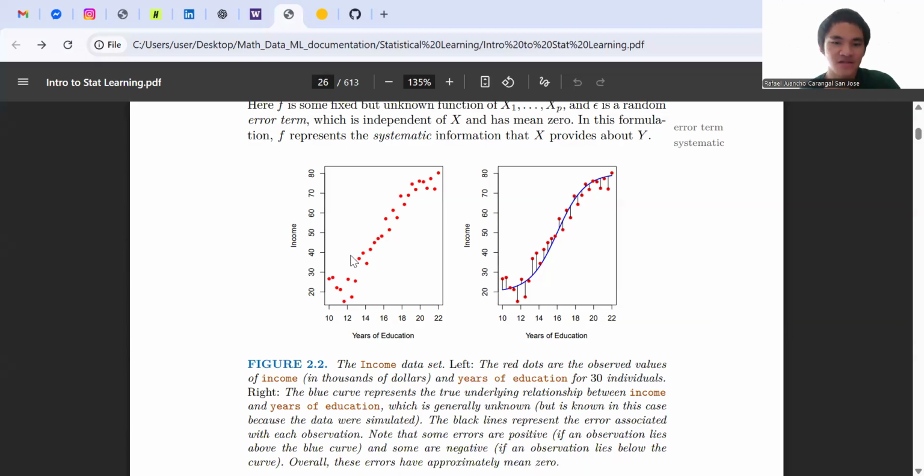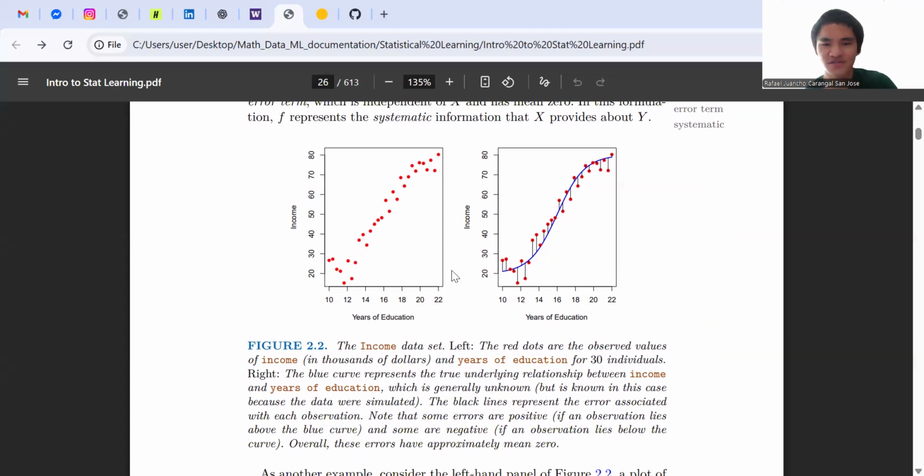Something like this, where you have years of education and then the income, and we see this trend of increasing. We draw this blue curve, this mathematical curve, which tells us in a systematic way how we can relate years of education towards income.